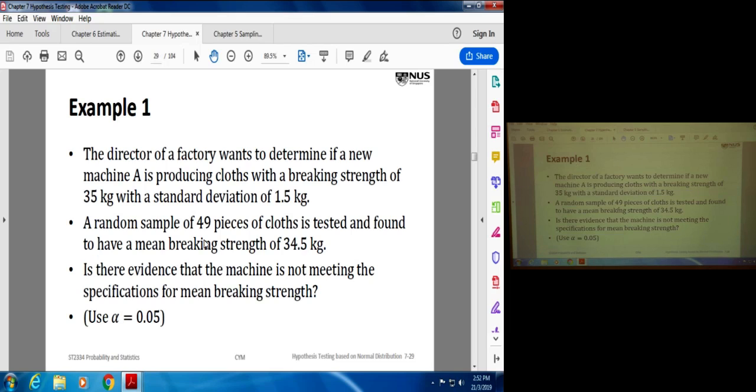Now we take 49 pieces of cloth, and the sample mean is 34.5, and we want to ask whether there is evidence that the machine is meeting the specification for the mean breaking strength or not. We're going to use a test of size 0.05.